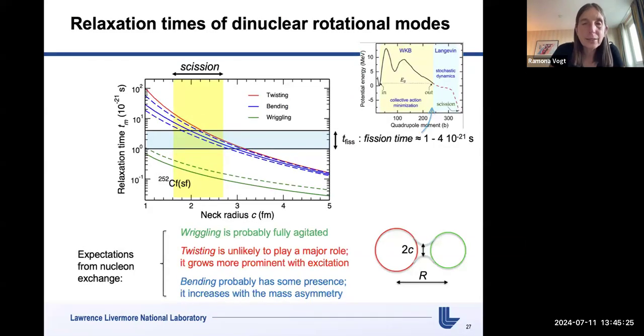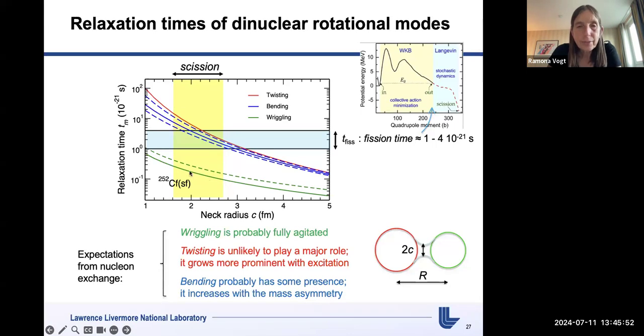So how fast are these relaxation times? You can look at the relaxation times for wriggling in green, bending in blue, and the bending depends on the mass asymmetry, so on whether there are two very different mass fragments or the fragment masses are fairly similar, and then twisting.